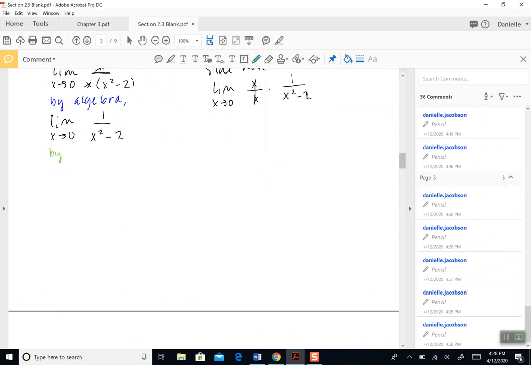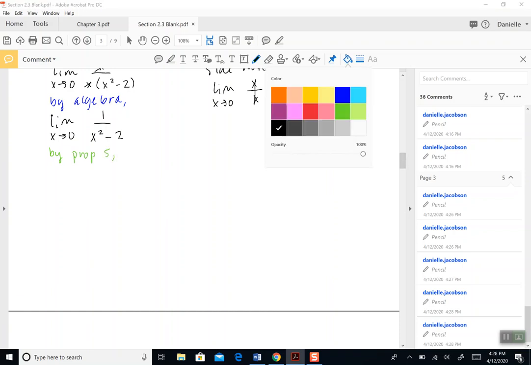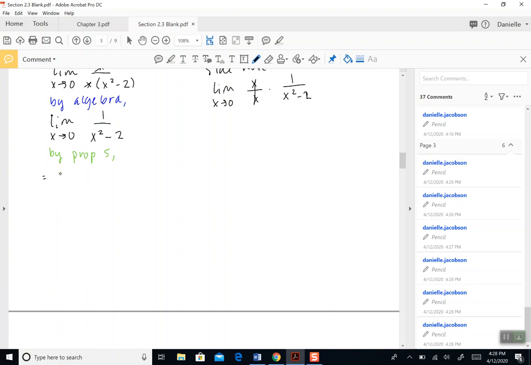By property 5, I know that this is equivalent to the limit as x goes to 0 of 1 over the limit as x goes to 0 of x squared minus 2.